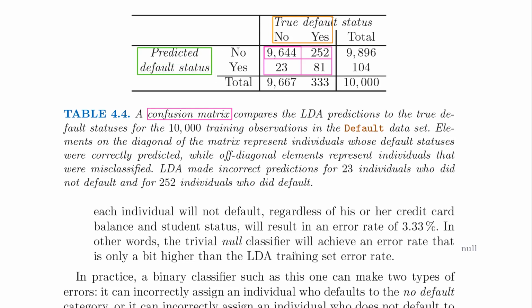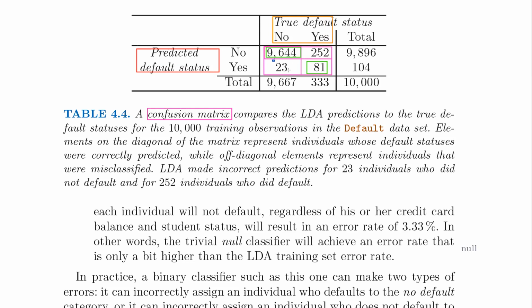So which are the ones that we get right? The ones that this model got correct are these 2. Whereas the other 2 are known as false positives and false negatives.